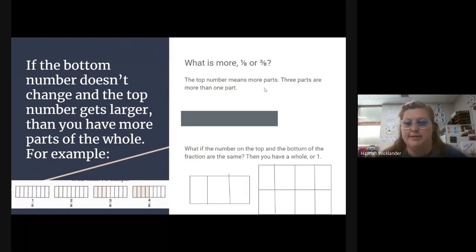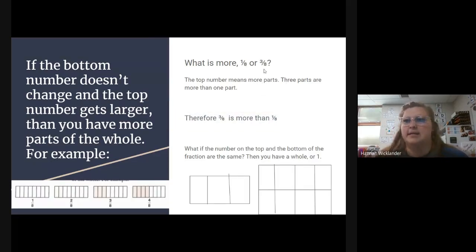The top number means parts, more parts. So 3 parts are more than 1 part. I like to think of it like if I have a cookie that I'm cutting into 4 pieces, would you rather have 1 piece of the cookie or 2 or 3 pieces? So the larger number is what is larger. The bigger number is more than.